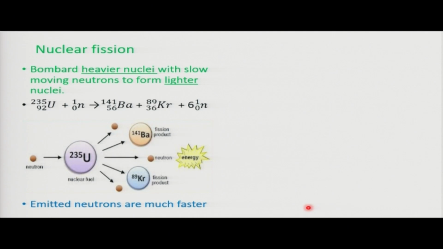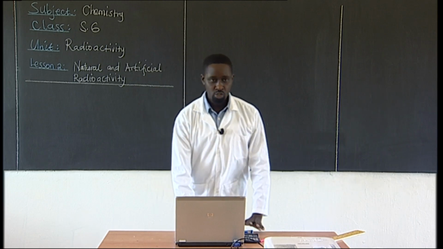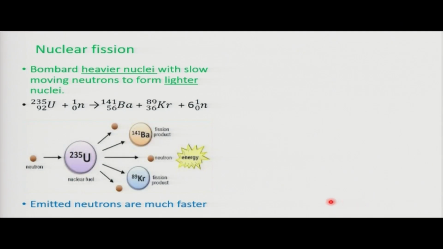Nuclear fusion. Fusion, breaking. You break. So in the nuclear fusion, as you see on the slide, just get your stable atom, for instance, uranium-235, bombard it with slow-moving neutron, it will break.